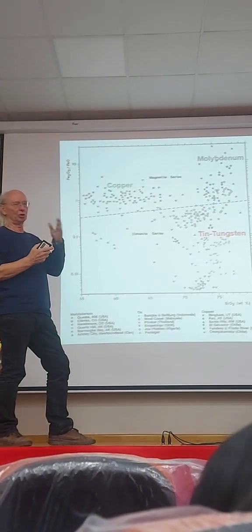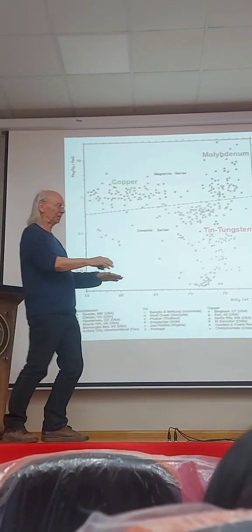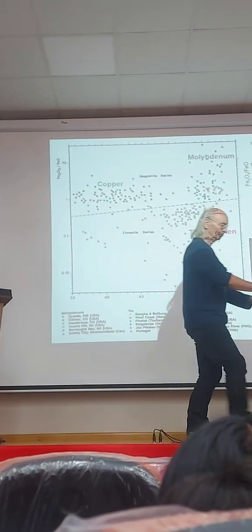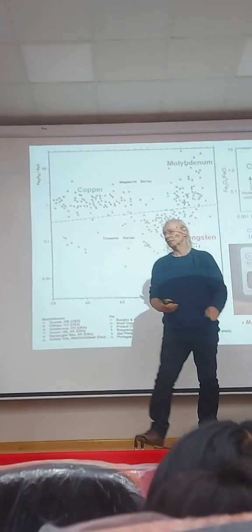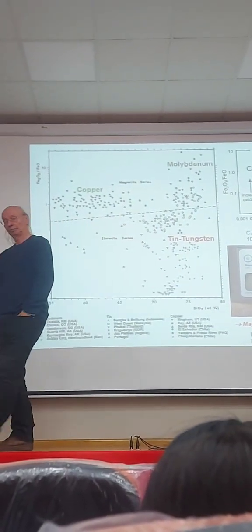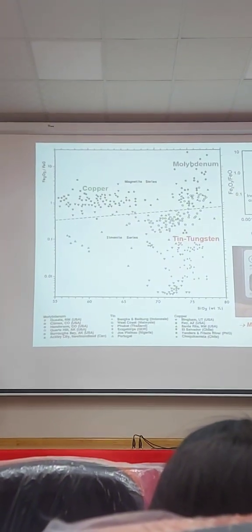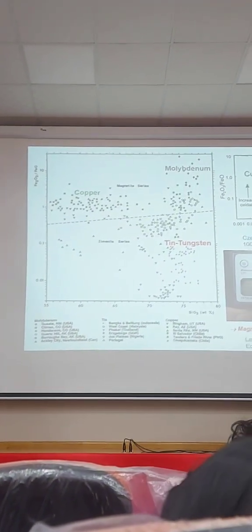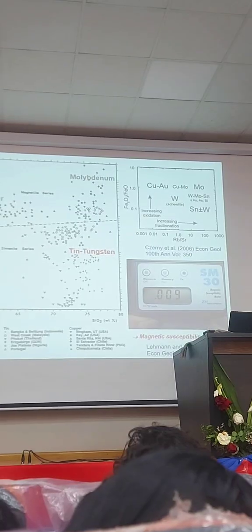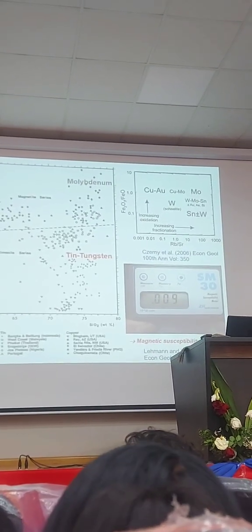And if a rock has no magnetite, then the magnetic susceptibility is low. And then I can say this is an ilmenite series granite. So I can already in the field tell you which granite could be related to tin and which not.